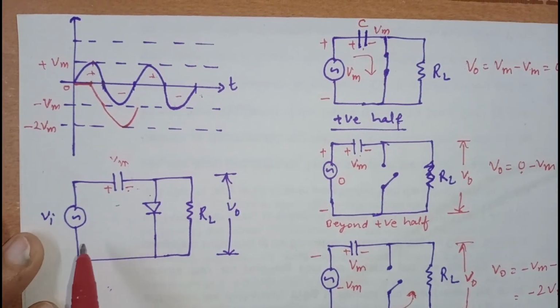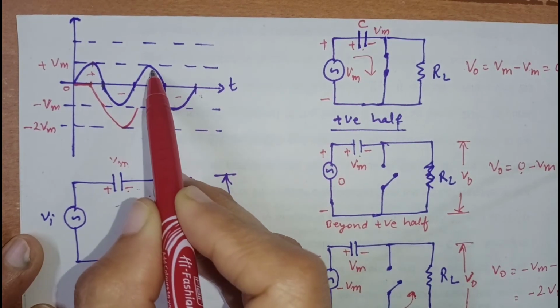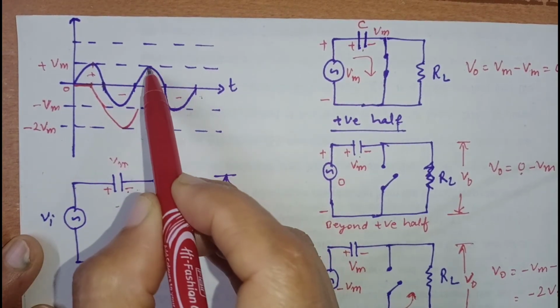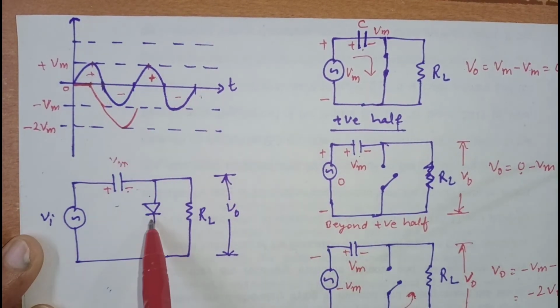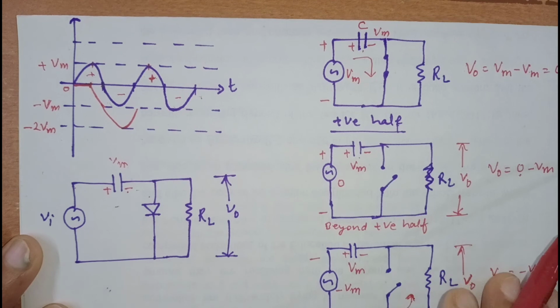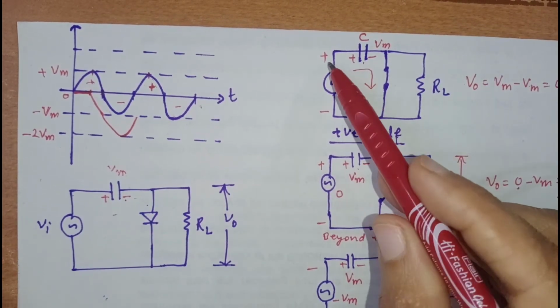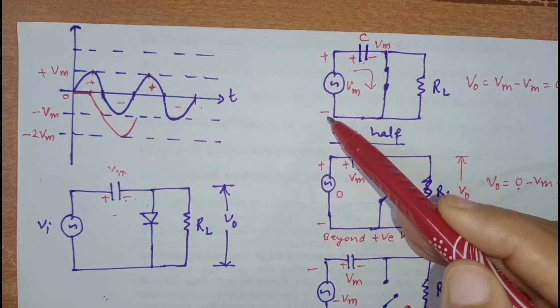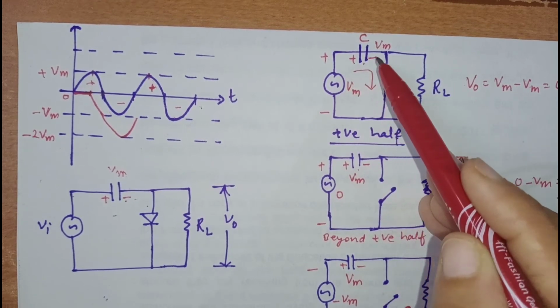Again, when we apply positive half cycle, up to positive peak, the diode is forward bias and the equivalent circuit will be this one. This is positive and this is negative, and this capacitor will be charged up to Vm.